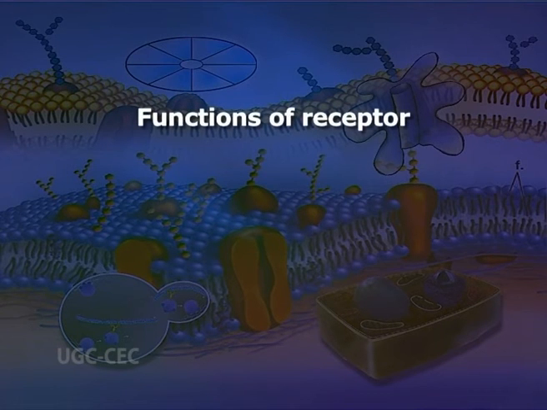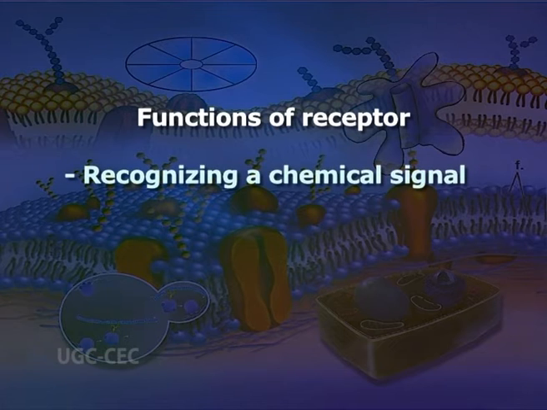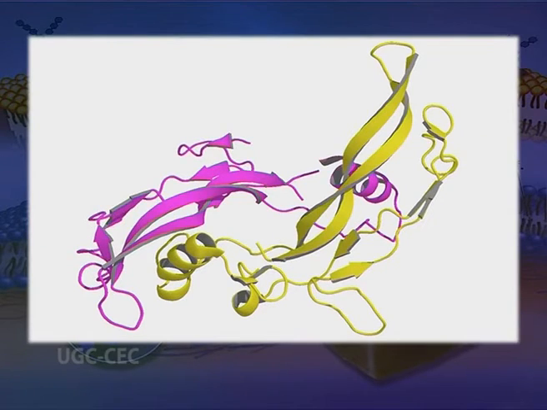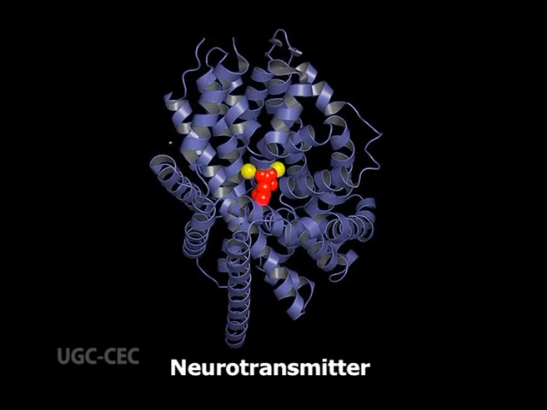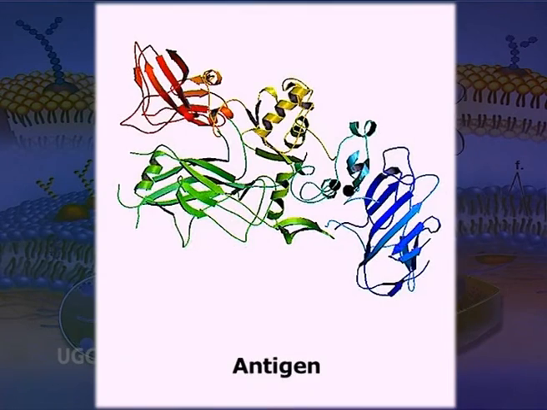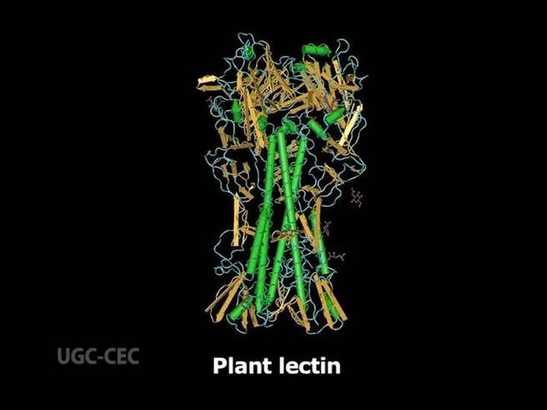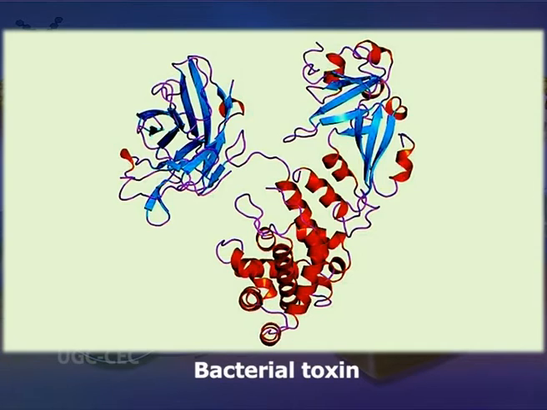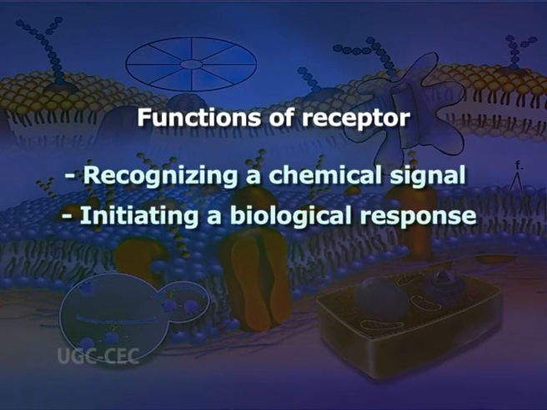A receptor has the dual function of recognizing a chemical signal, that is, one of the many regulatory agents such as peptide hormones, neurotransmitters, prostaglandins, antigens, plant lectins and some bacterial toxins, and of initiating a biological response.